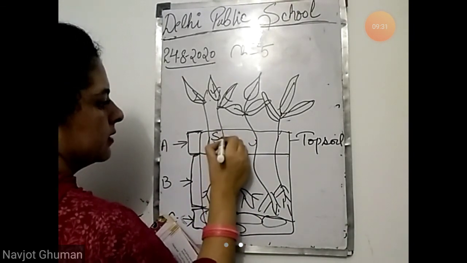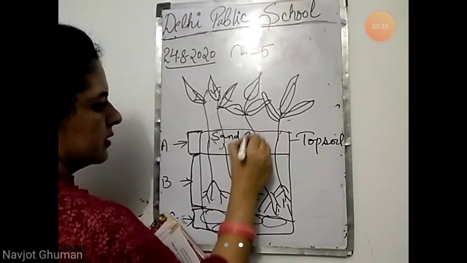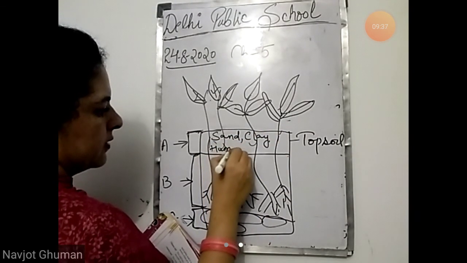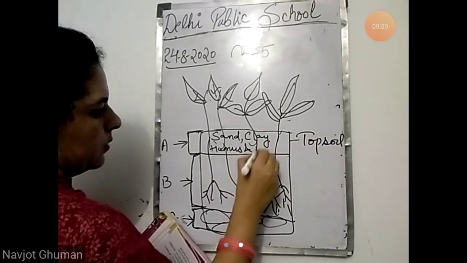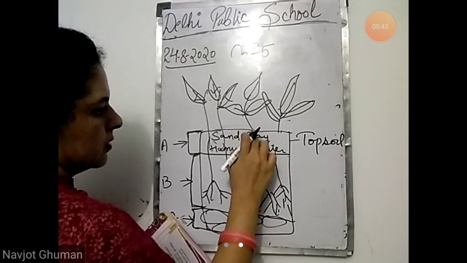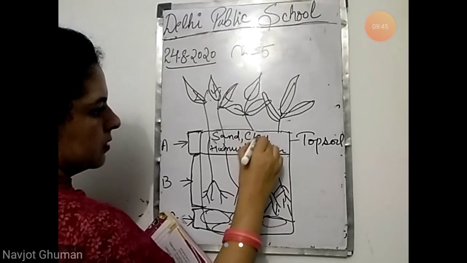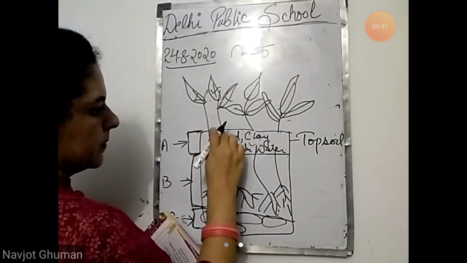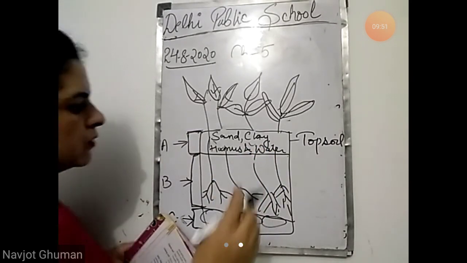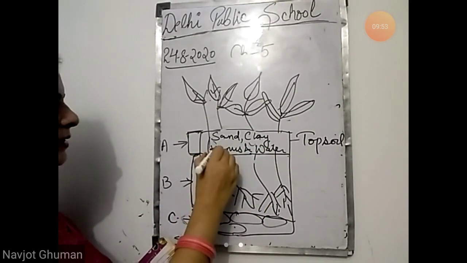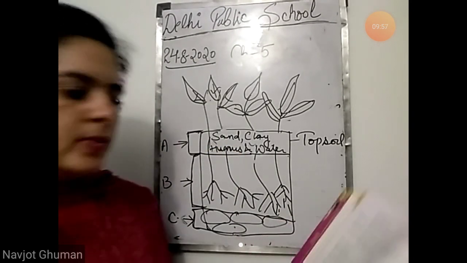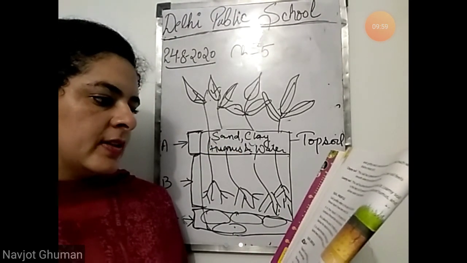Sand, clay, humus and water. So these are the things that are present in the top layer. Sand, clay, humus and water.